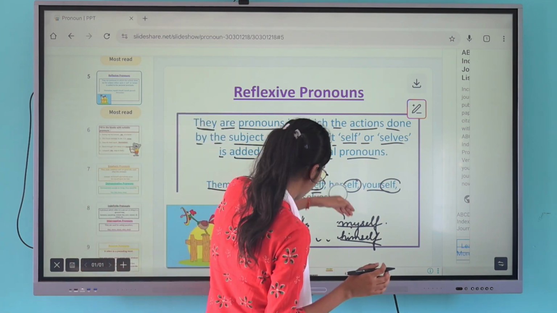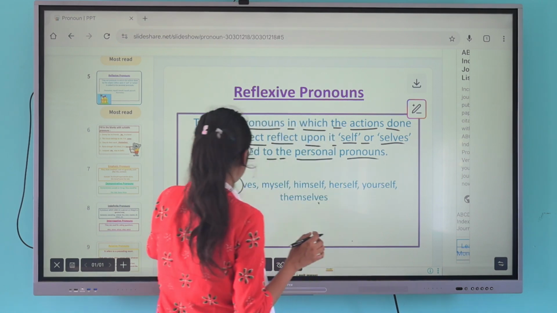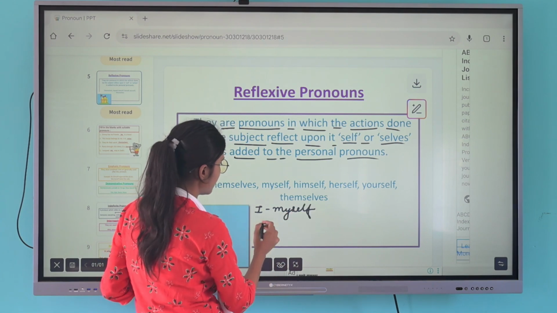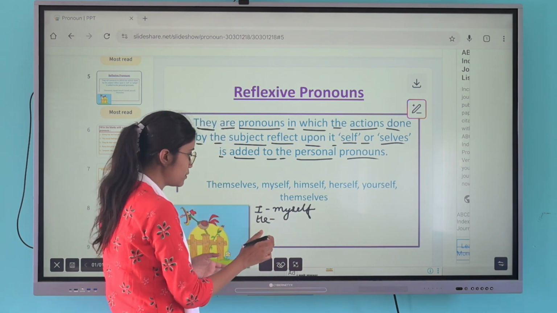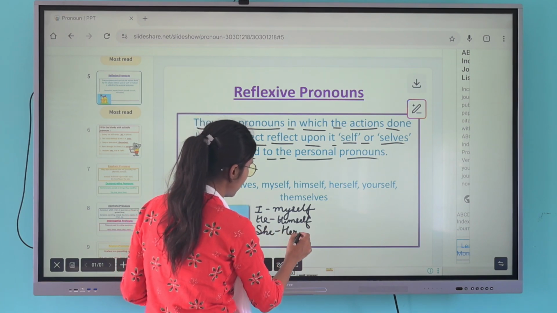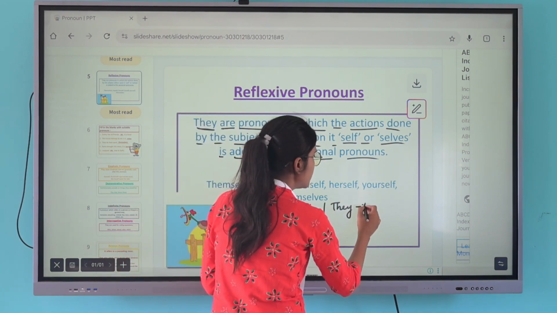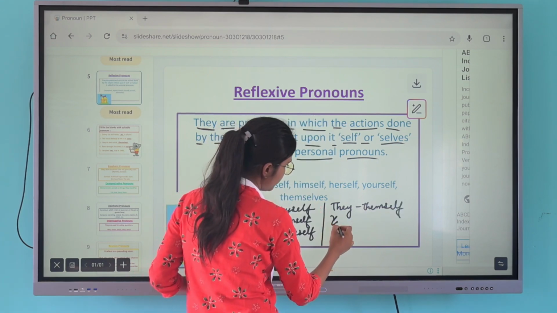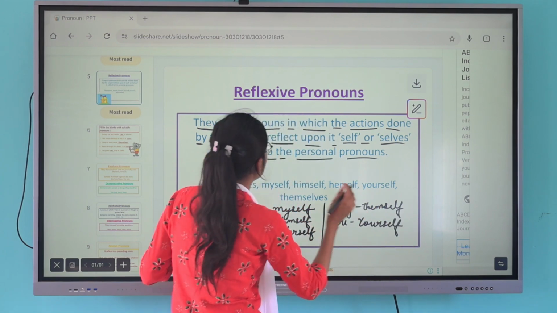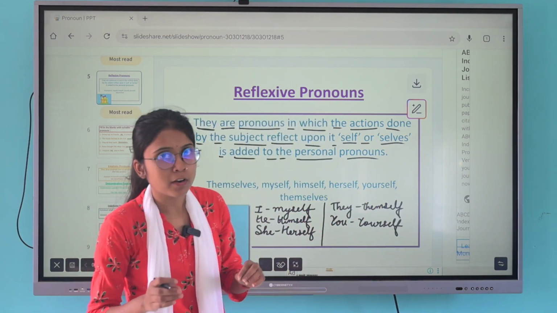There are many more examples. For I we will always use myself. For he we will use himself. For she we will use herself. For they we will use themselves. For you we will use yourself. So these are the examples of reflexive pronouns. What is a reflexive pronoun?